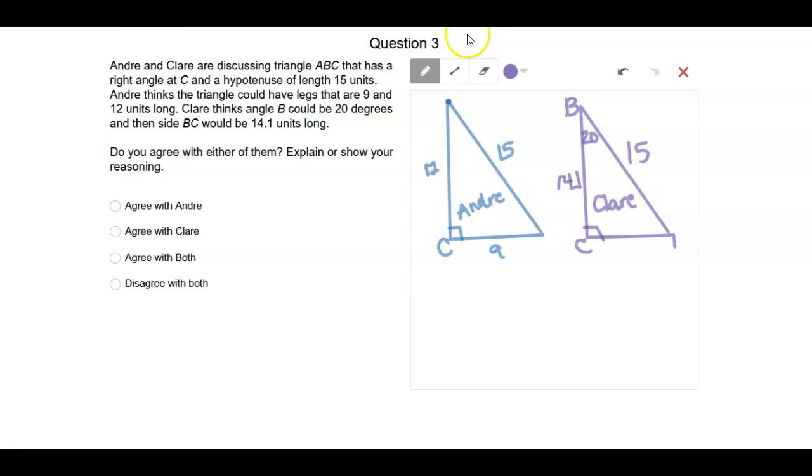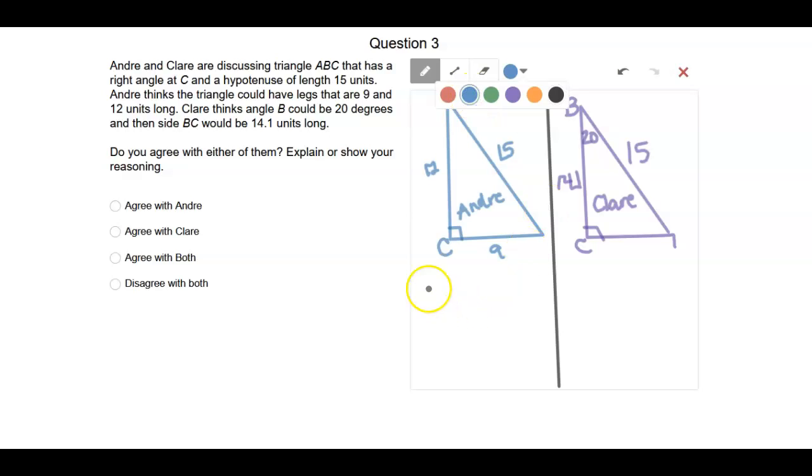So let's try this. If we have Andre's triangle, then to see if he's correct, we can use the Pythagorean theorem to see if this is a Pythagorean triple.